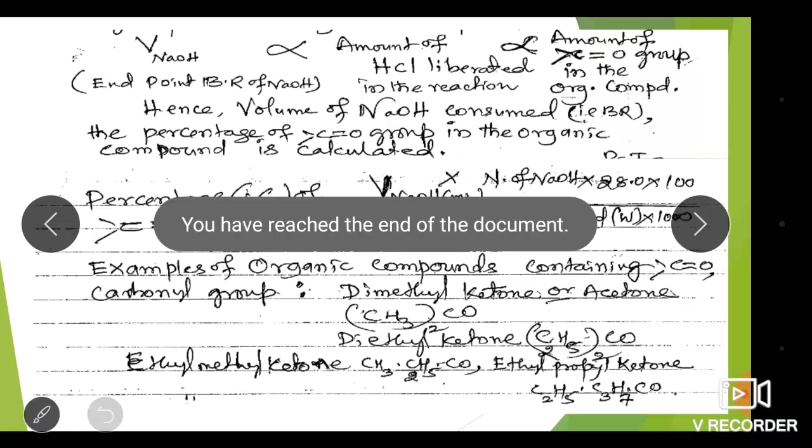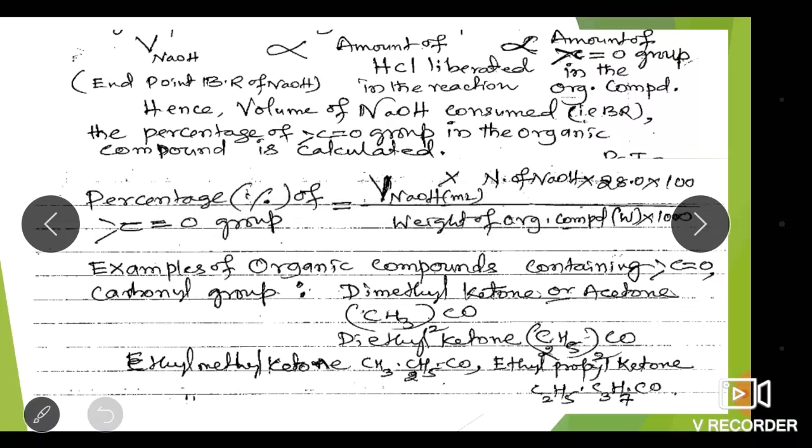All these are examples of organic compounds containing carbonyl group. In this way we are able to determine or estimate the amount of carbonyl group present in a given compound.